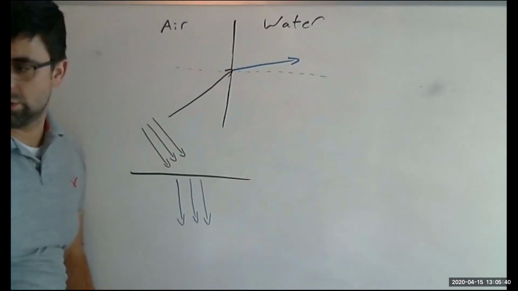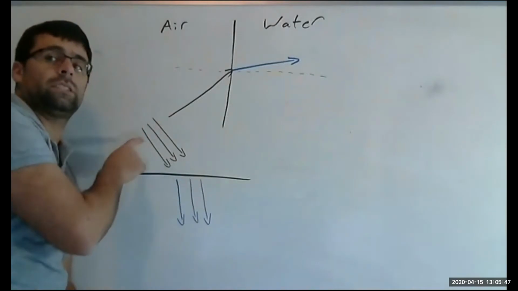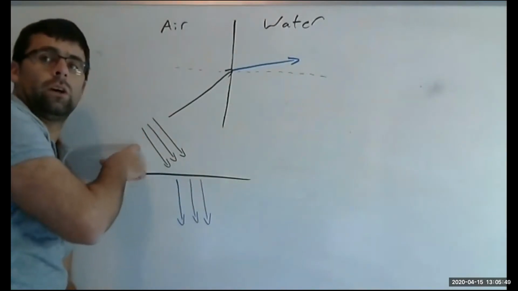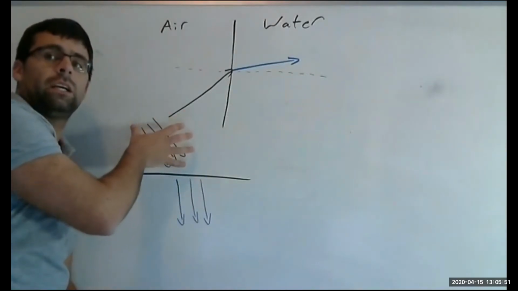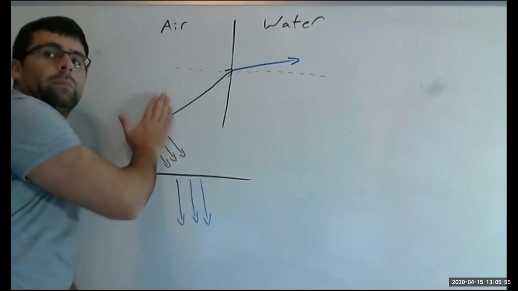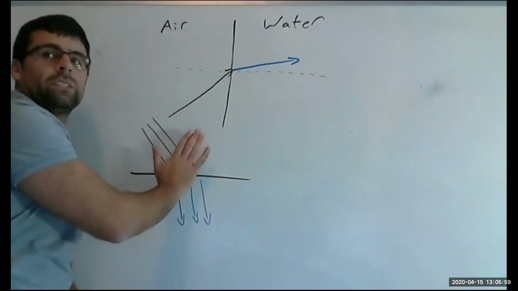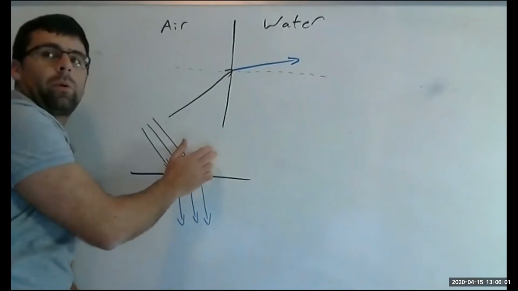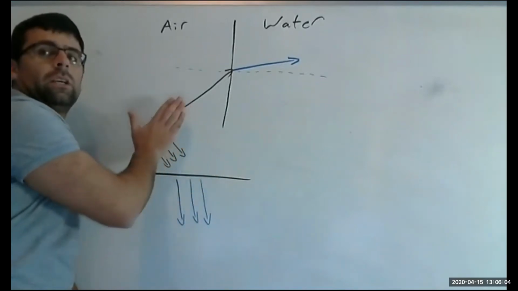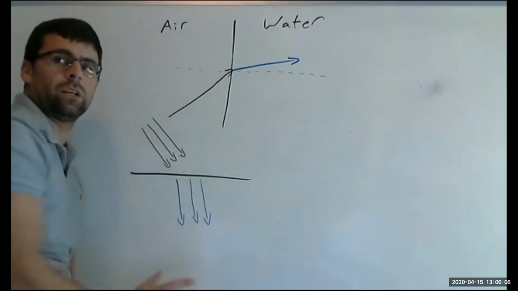A change in speed. Exactly, very good. The velocity of the wave over here on this side is different than when it's over here. So when it comes in, the first part of the wave that gets in there is going slower than the part that's still up here. So it turns and then continues on.